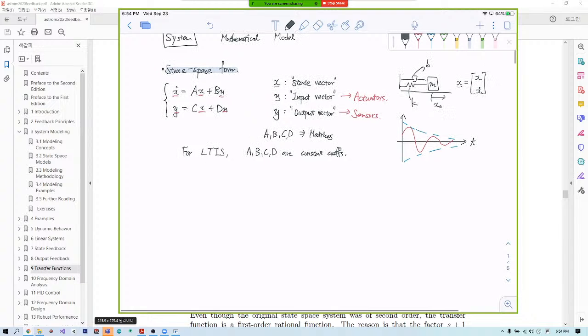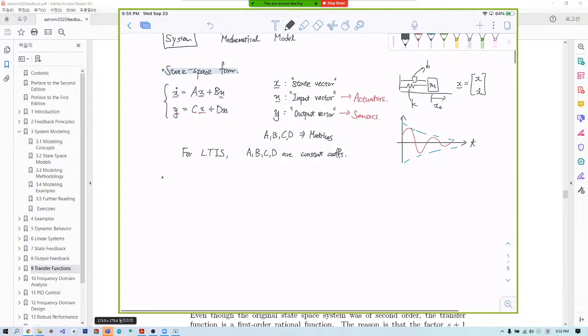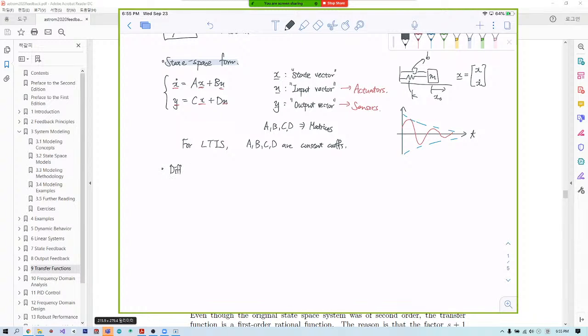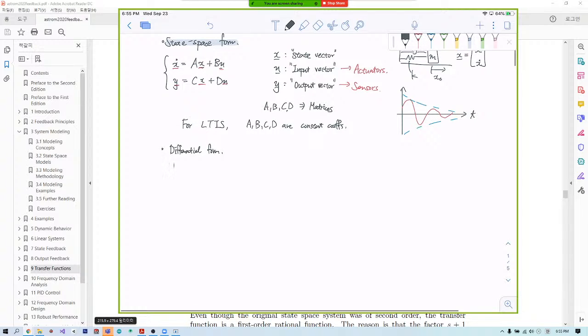And another way of characterizing the system is making use of differential equations. So we can put things into differential forms. For example, there can be first order and second order differential equations.